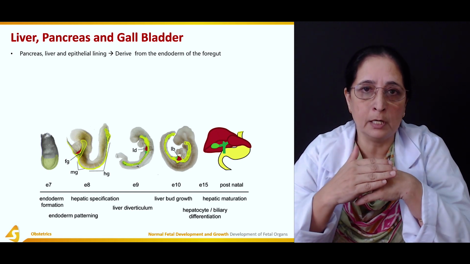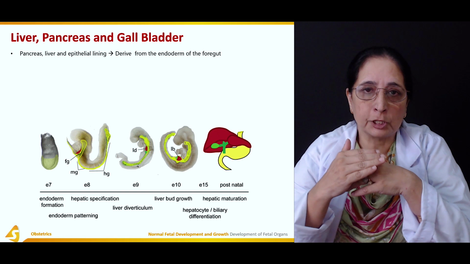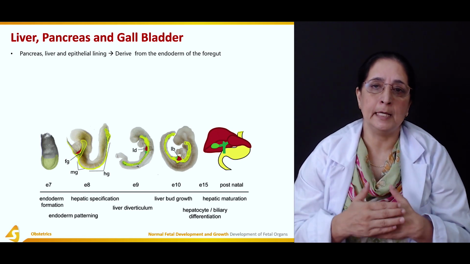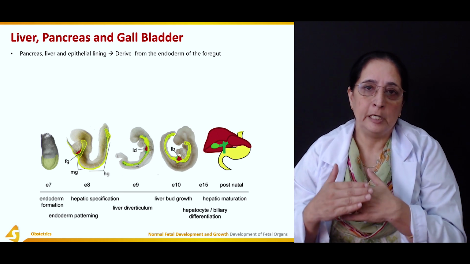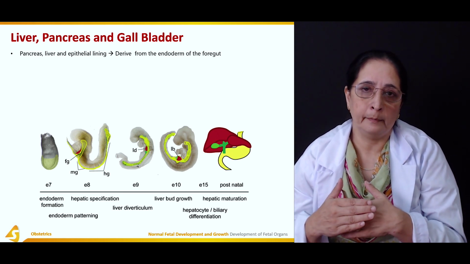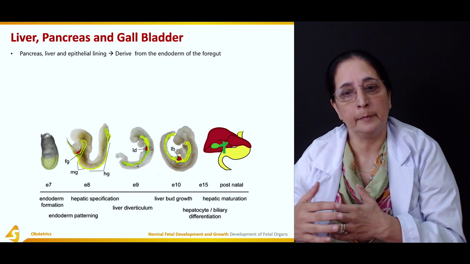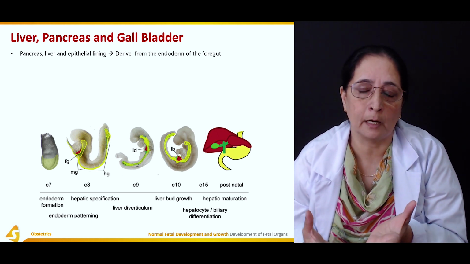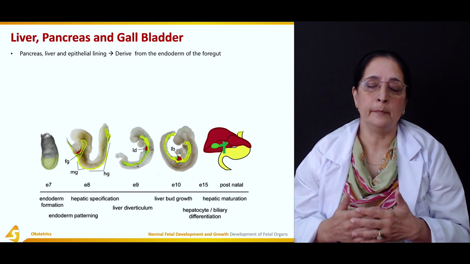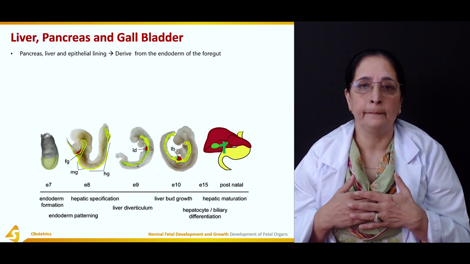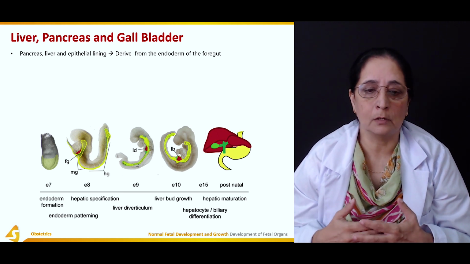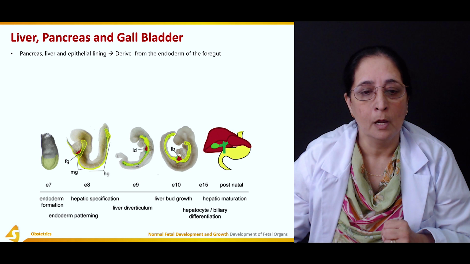We have endoderm, we have ectoderm, and then mesoderm. Endoderm is the innermost layer, mesoderm is the middle layer, and ectoderm is the outer layer from which the skin and appendages are formed. So endoderm is the layer from which the liver, pancreas, gallbladder are all formed.